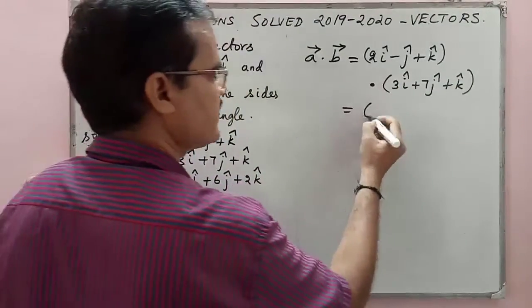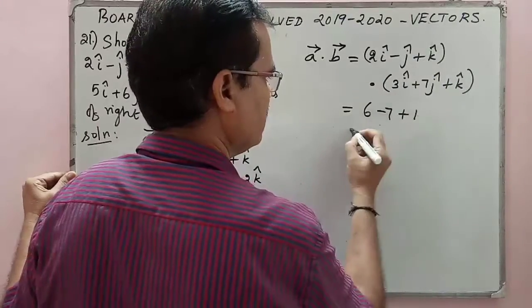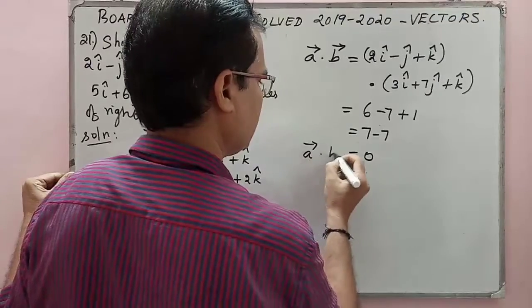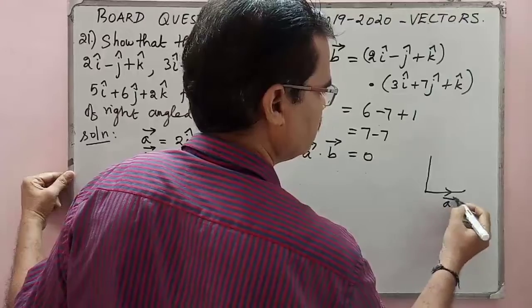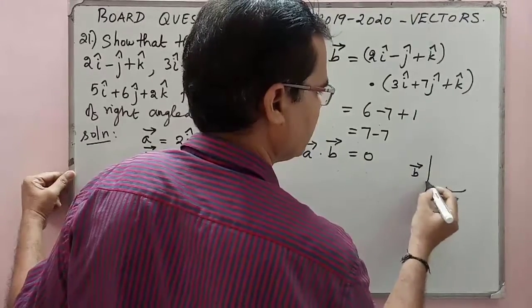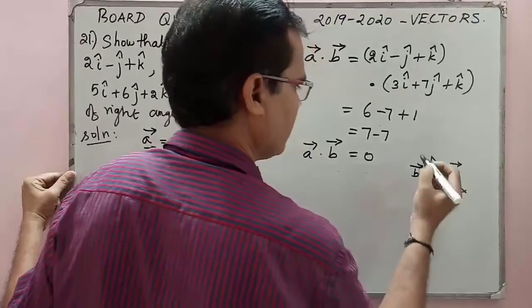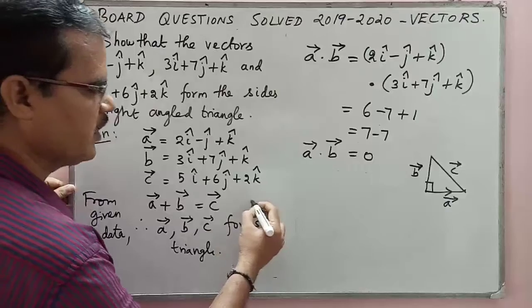So 2 times 3 is 6, minus 7 plus 1 times 1. So 7 minus 7 equals 0. So a vector dot b vector equals 0, which means a vector and b vector are perpendicular to each other. So the triangle has to be a right angle triangle. We have proved it. If you want, I can mention this by the triangle law.